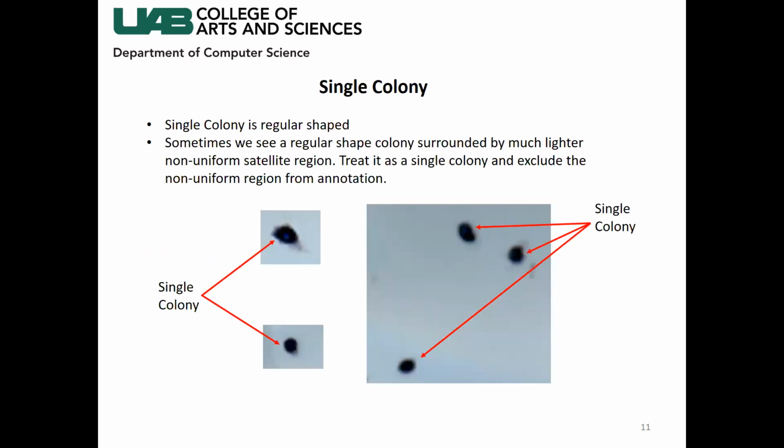A single colony is regular shaped, kind of uniform, round or ellipse shaped, and it would look just like this. These are all single colonies. Sometimes we see a regular shaped colony surrounded by a much lighter non-uniform satellite region. We can ignore those regions and mark only the central region, the deepest region that's kind of circular.